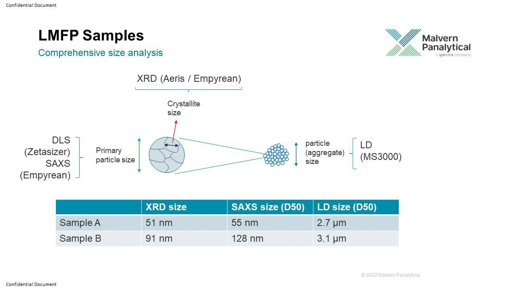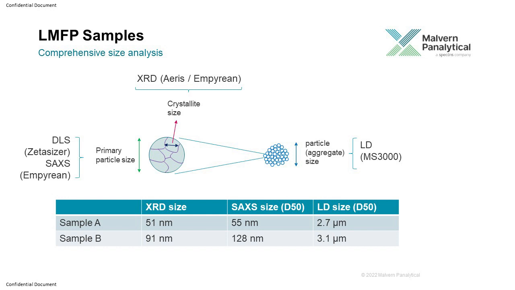In fact, in your actual battery material, you are dealing with many different sizes. What you will end up with is the aggregate. This is the particle size that you measure when you put it into, say, laser diffraction, Mastersizer 3000, and that is typically between 2 to 10 micrometers.